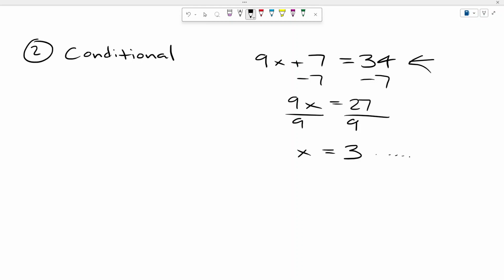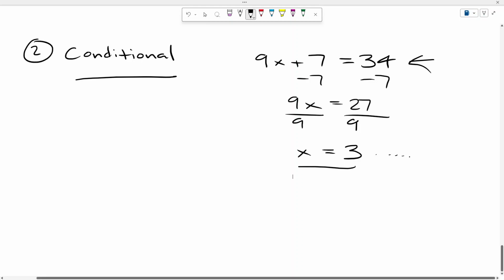But the difference is that it's not an identity, it's not any real number, it's that there's at least one, just not an infinite number of solutions when we're talking about a conditional. But more often than not, you would see something where we just have an x equals one answer in our solution set. That's a conditional equation for us.